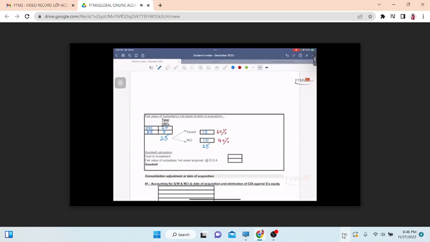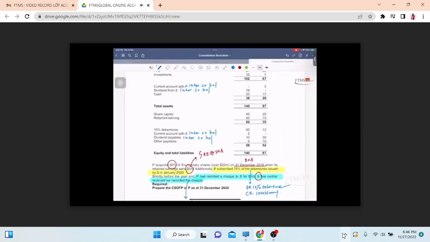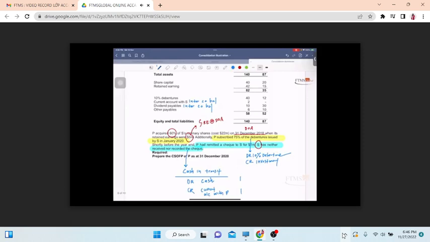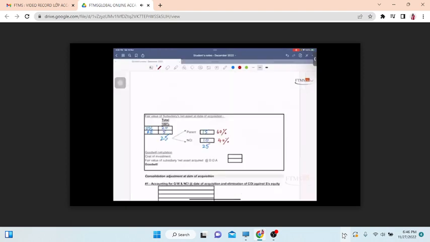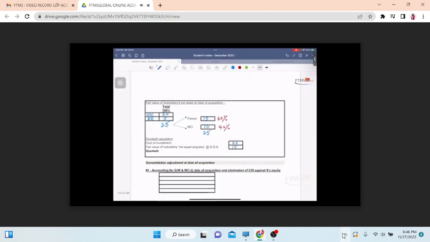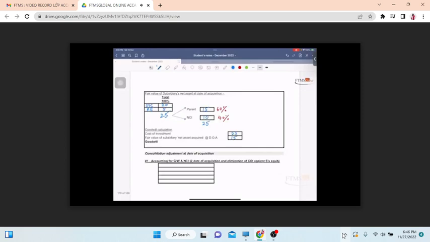Here I didn't show you: P acquires 60% of S ordinary share, cost 22 million. So this is actually your COI. Cost 22 million, so 22 million is your COI. You can put it there, and 15 here. So goodwill will be 7.